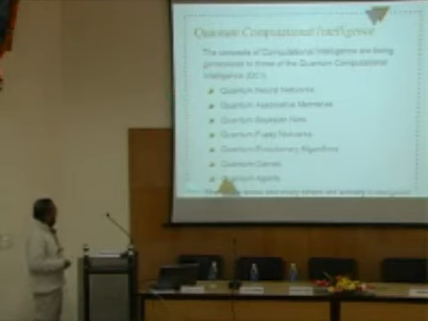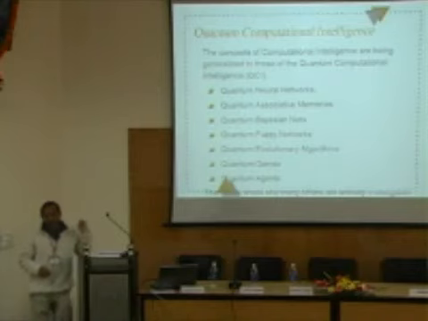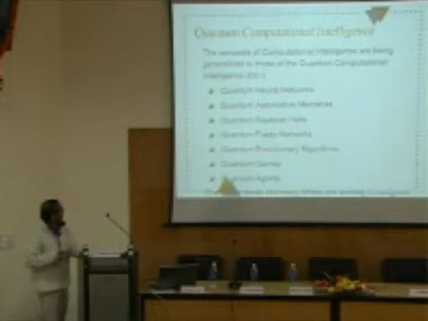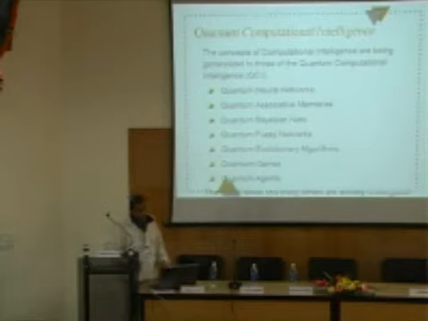Of course, I have just identified some of these: quantum neural networks, quantum associative memories, quantum Bayesian network. This is what one of my students is working on, solving this book chapter understanding. Quantum fuzzy networks, quantum evolutionary algorithm, quantum games, quantum agents. There are many such areas people are just working on.